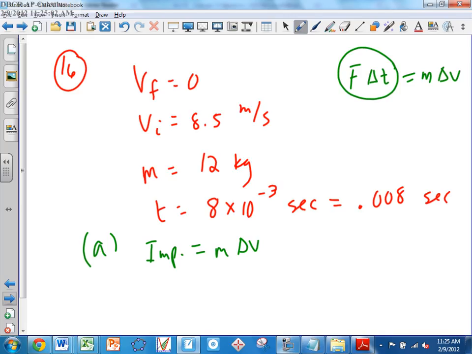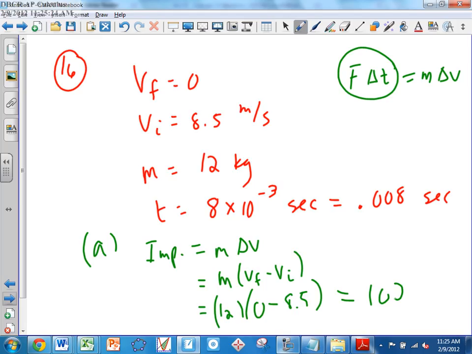So, finding the impulse, you just have to use M times VF minus VI. Here you're going to get negative. The mass is 12, times 0 minus 8.5. 12 times 8.5 is 102.